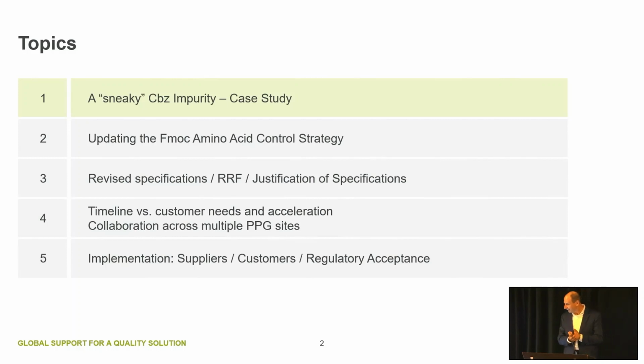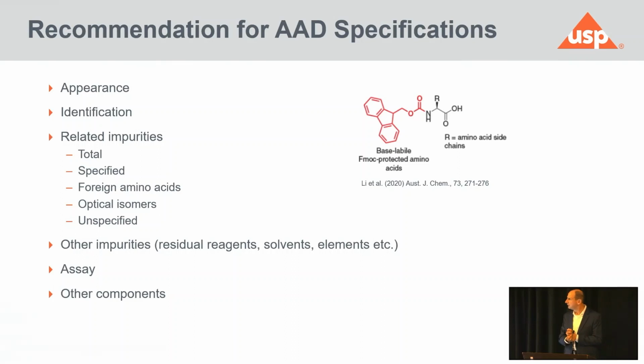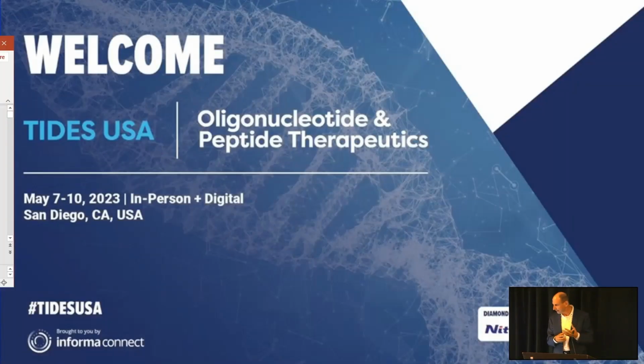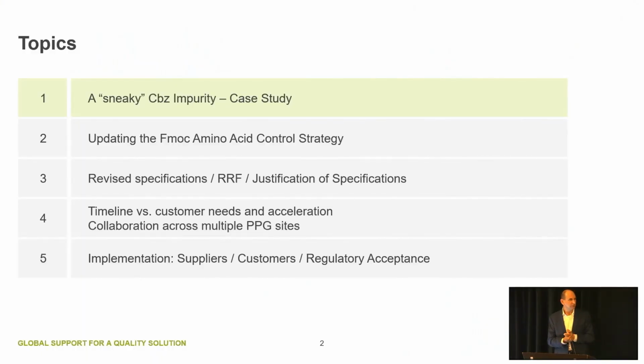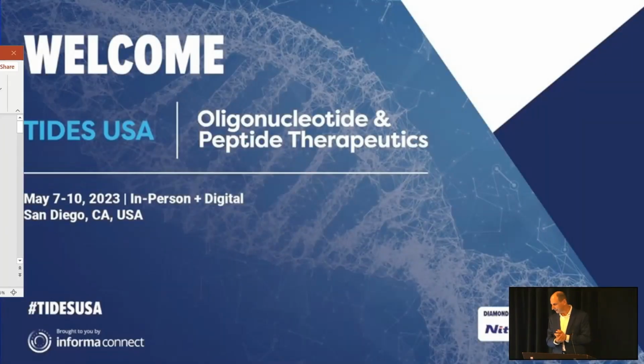So, a quick case study. This is one of the amino acids that's pretty prevalent, Fmoc aspartic acid, and it is routinely tested for, this is also by the supplier, but also now at Polypeptide. It's tested for traces of carbobenzoxy impurity, which is formed during the manufacture of the Fmoc amino acid.